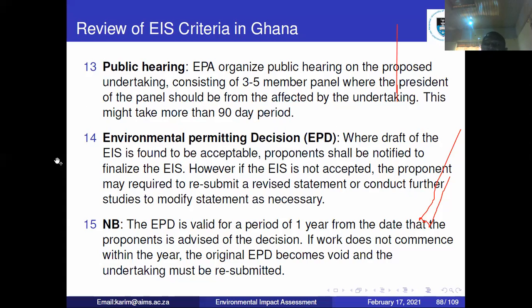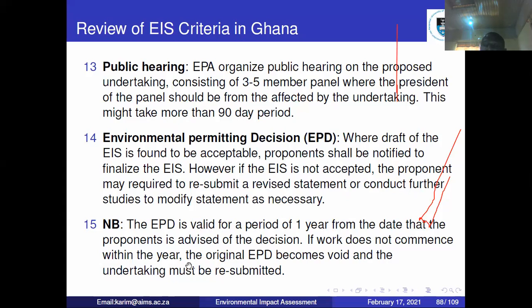Where the draft is found to be acceptable, proponents shall be notified to finalize the impact statement. However, if the impact statement is not acceptable, the proponents may be required to resubmit a revised statement or conduct further studies to modify the statement as necessary. And we are saying that, note, the environmental permitting decision is valid for a period of 1 year.